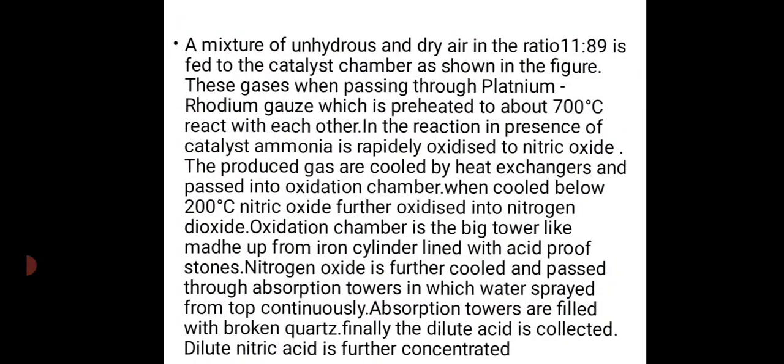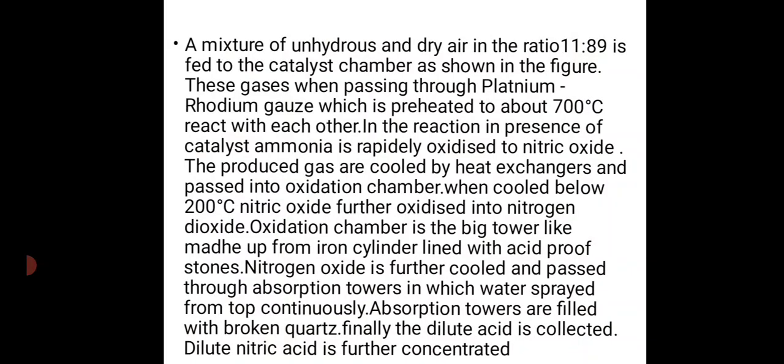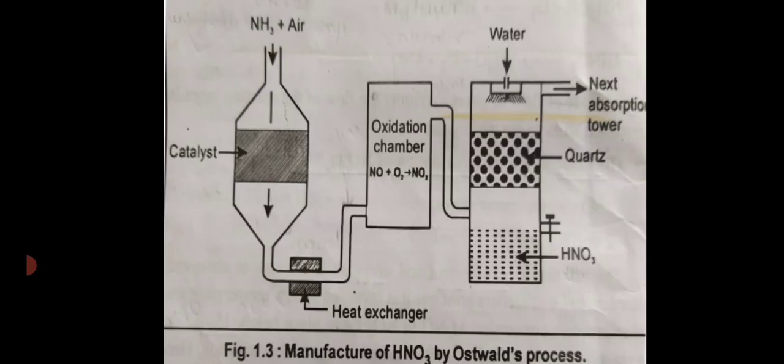These gases, when passing through platinum rhodium gauze preheated to about 700 degrees centigrade, react with each other. In the reaction, in the presence of the catalyst, ammonia is rapidly oxidized to nitric oxide.